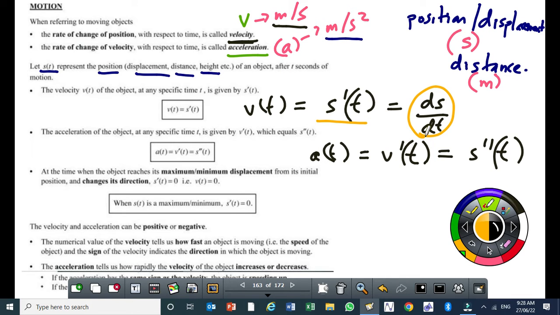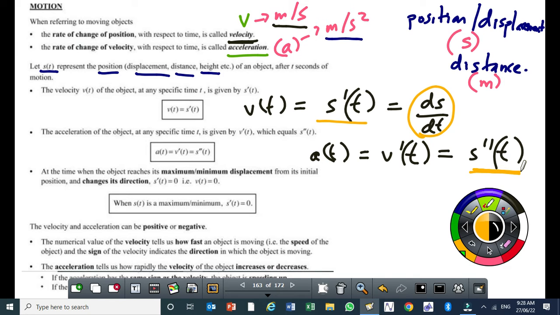Then acceleration now, okay? Acceleration is the same as the gradient of a velocity function. So if you're given a velocity function, you find its derivative, that would be acceleration. Then if you are given a displacement function, if you find the second derivative, you end up getting acceleration.